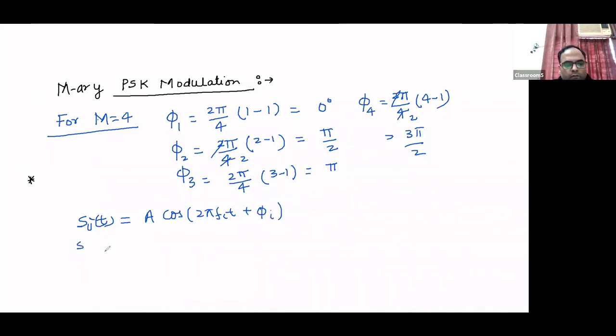So now you can find the signal s_1(t) for i equal to 1, the signal s_2(t) for i equal to 2, similarly s_3(t) and s_4(t), right?